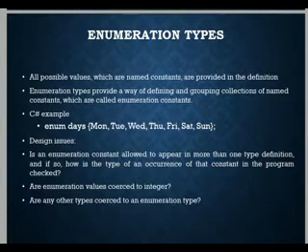There are two user-defined ordinal types that have been supported by programming languages: enumeration and subrange. An enumeration type is one in which all of the possible values, which are named constants, are provided or enumerated in the definition, for example Monday, Tuesday, and so on. Enumeration types provide a way of defining and grouping collections of named constants, which are called enumeration constants.